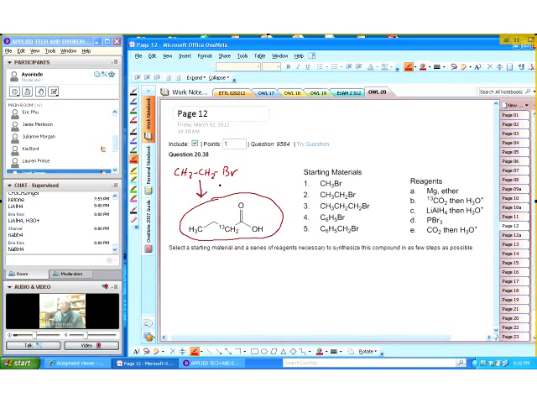Starting from here, how will you make this? Of course, this one is right here. Let us assume we start from there. How will you make this compound here? You want to form a Grignard first? Good. We form a Grignard. So let us start with that.